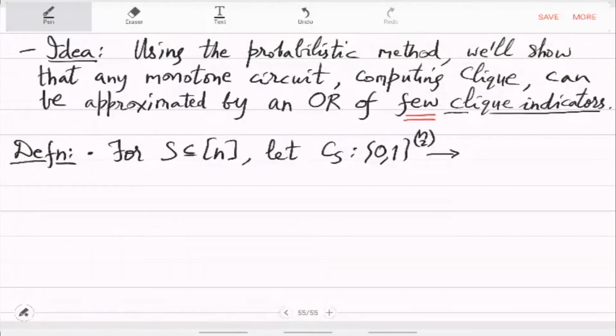By the way, you can assume it to be an undirected graph without self loops. So there are exactly n choose two edge possibilities. So that edge vector that is given to you defines a graph uniquely. Now in the graph, you test whether S, the vertices S, form a clique.